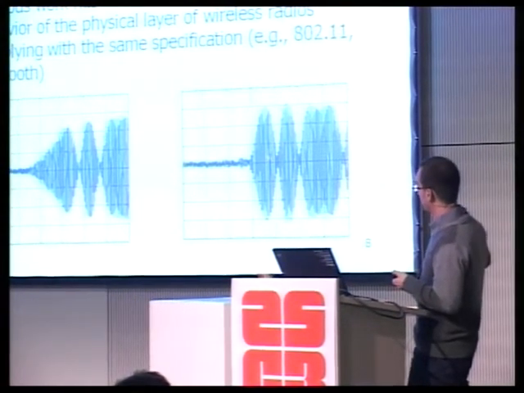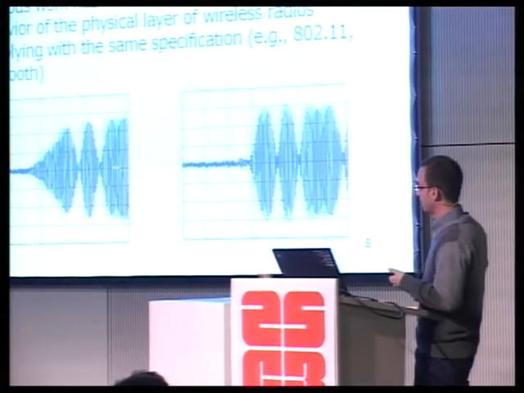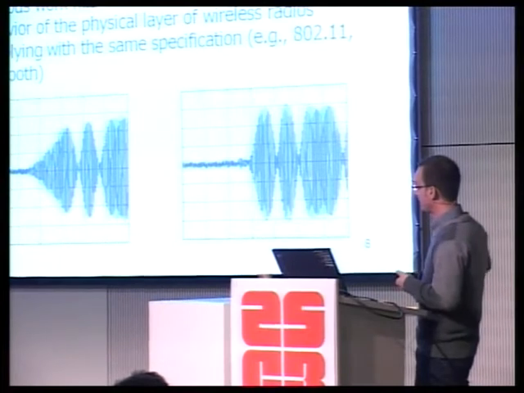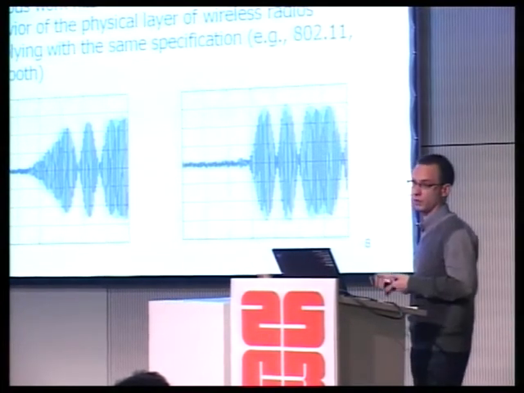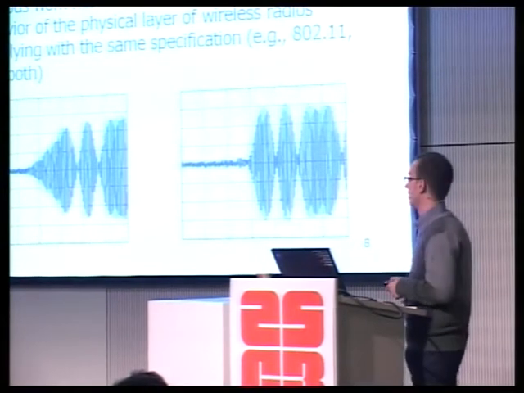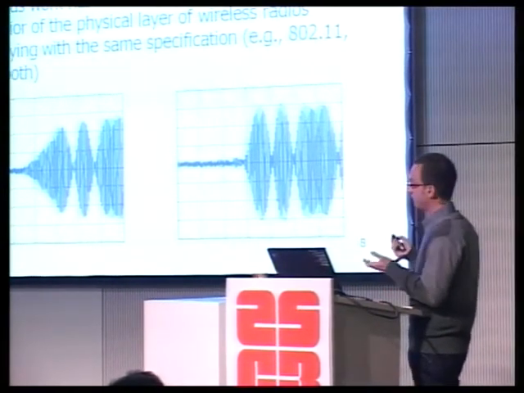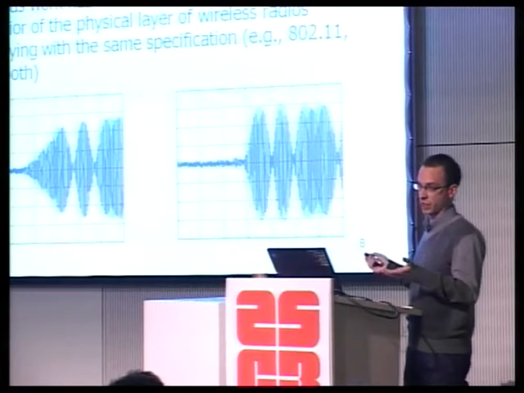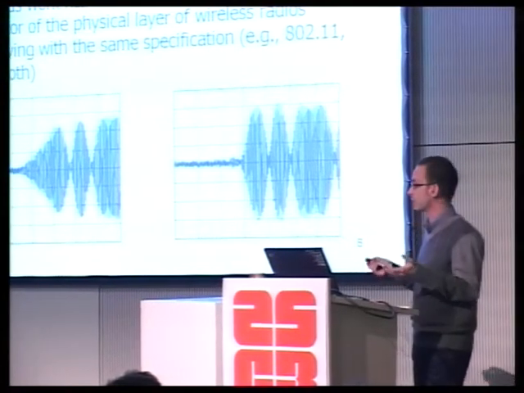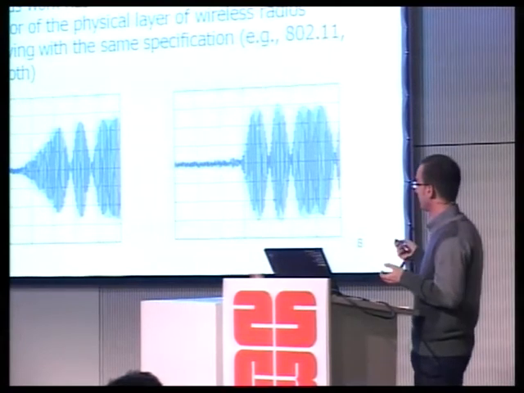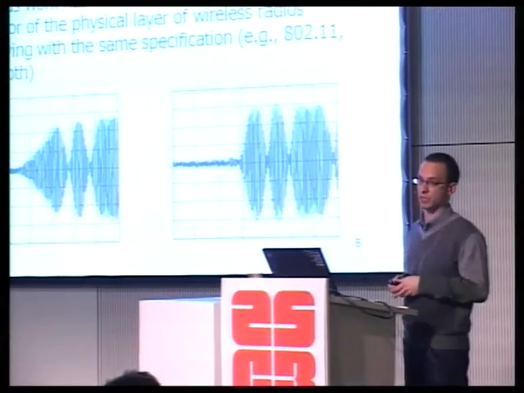And you could see that the same protocol specification on the physical layer actually has completely different signals for these two wireless cards. And previous work has shown that different manufacturers are very easy to distinguish from each other just by observing this physical communication at the beginning.